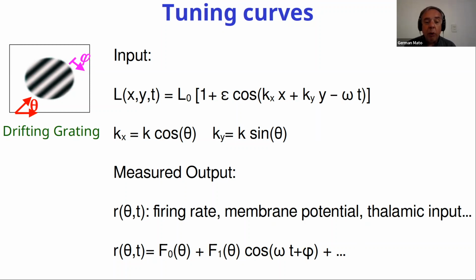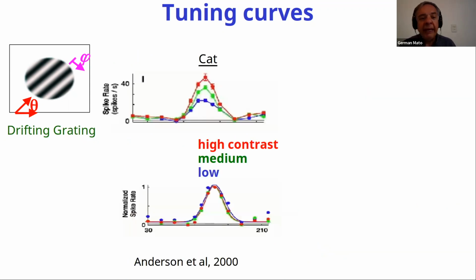The first Fourier component, that is the average response, is called the F0. The second Fourier component, with the frequency of the stimulus, is called the F1, and there could be higher order harmonics that are called F2, F3, etc. In this way, changing the orientation of the grating, we can obtain tuning curves.